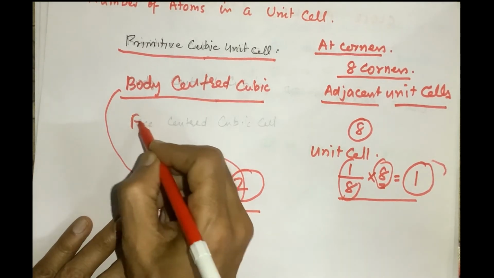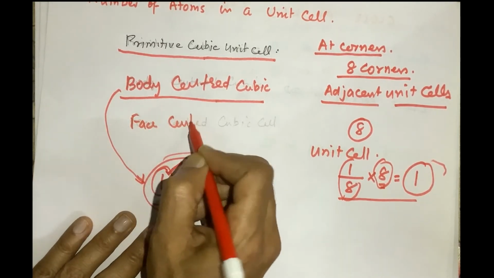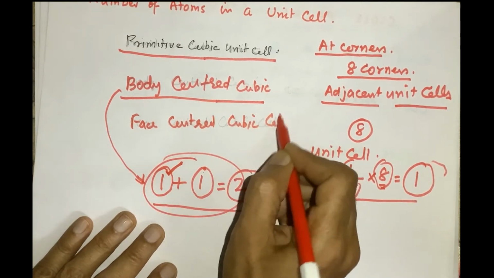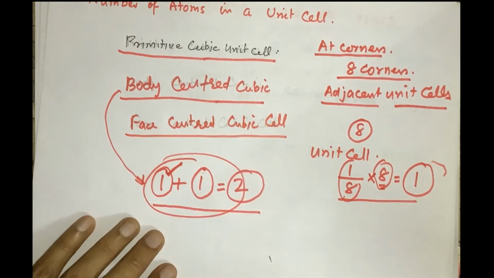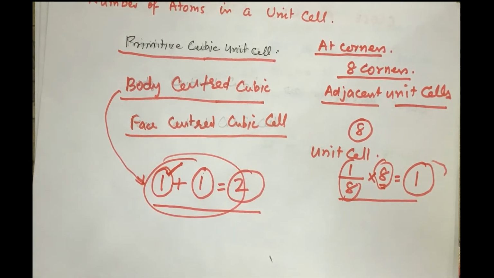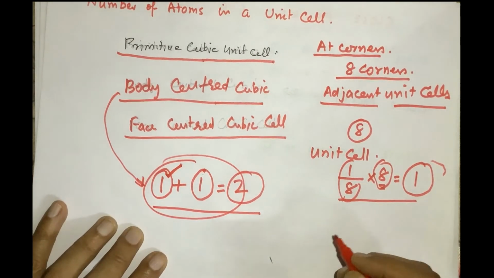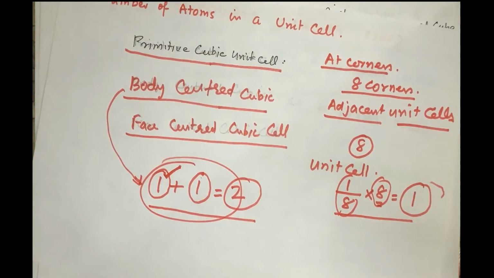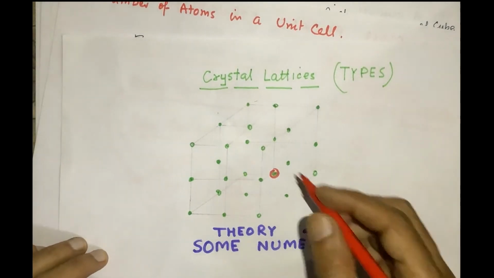Now we come to face centered cubic cell. How many particles are there in a unit cell of face centered? See, in face centered, what we have learned is that there are 6 faces in a unit cell.